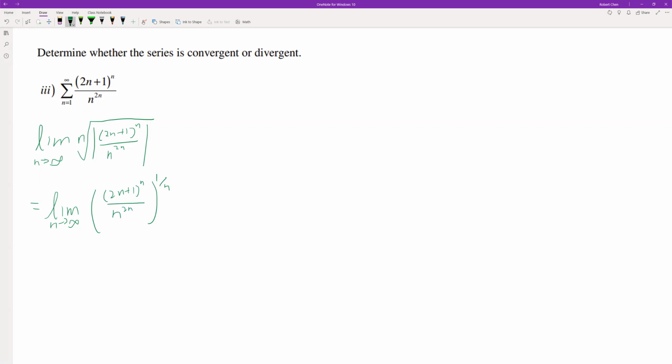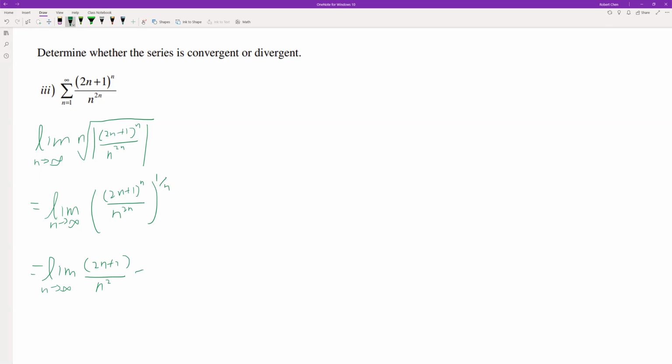By the power rule of exponents, I can multiply this 1 over n into the exponent in the numerator and denominator. Then we will have (2n plus 1) over n squared. And this is very nice: we have a linear term over n squared.